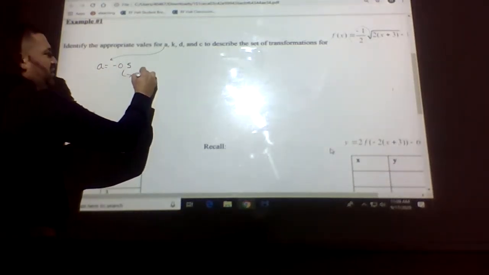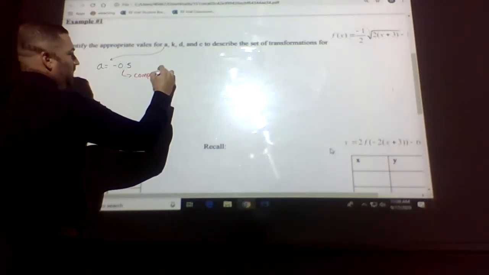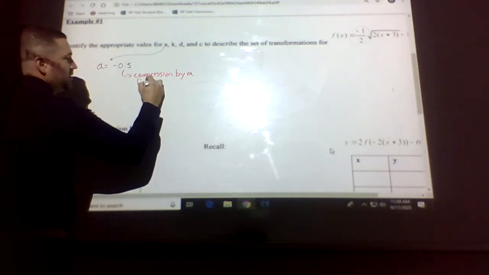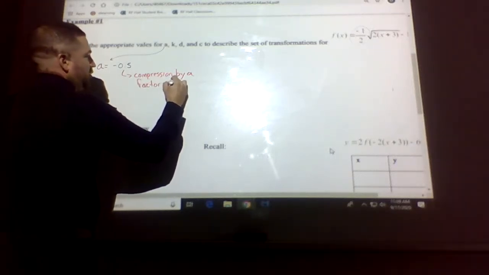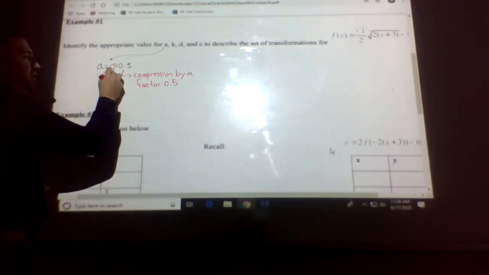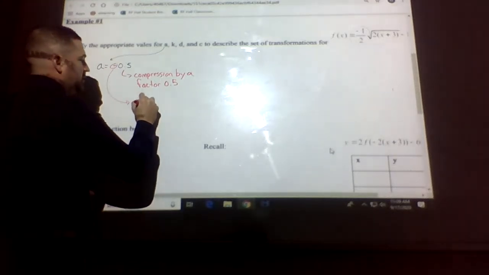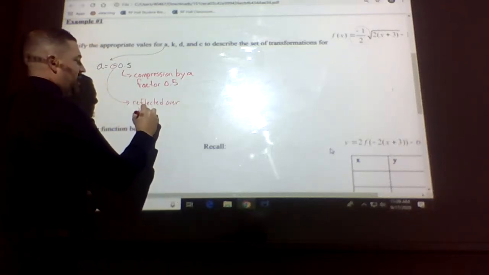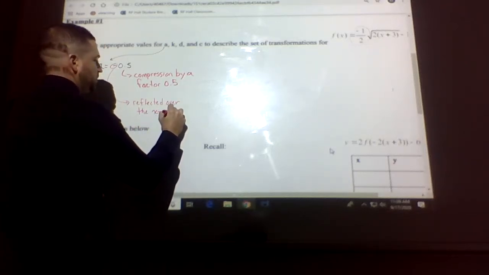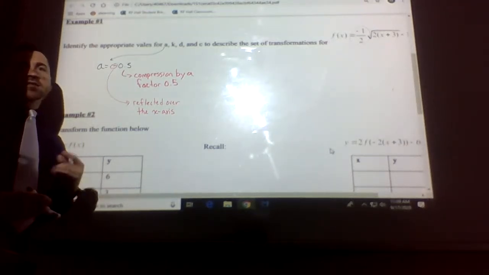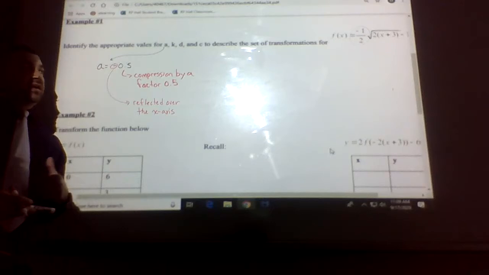So there is a compression by a factor of 0.5. And then we also have the negative value, so it gets reflected over the x-axis. So we have a compression by a factor of 0.5, and since it's negative, it also gets reflected.